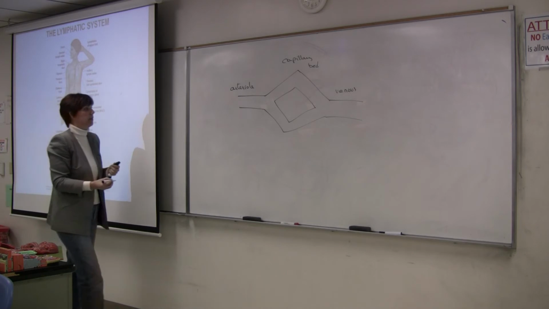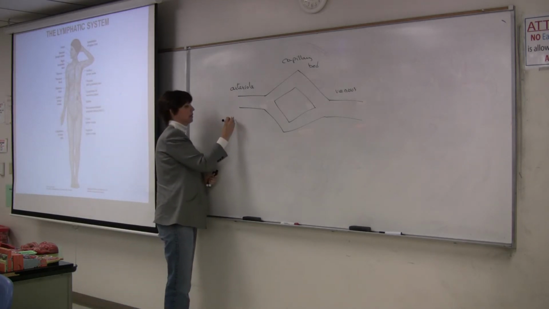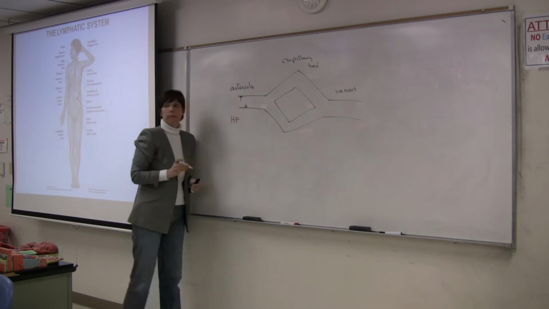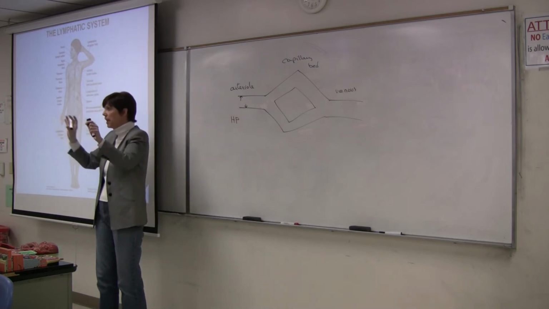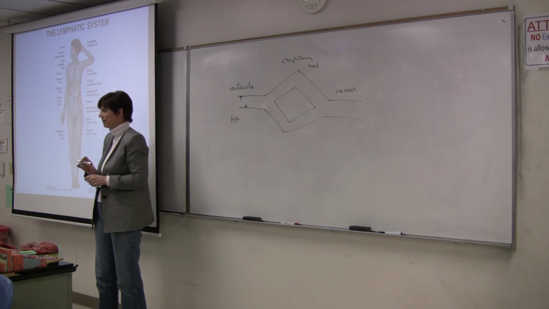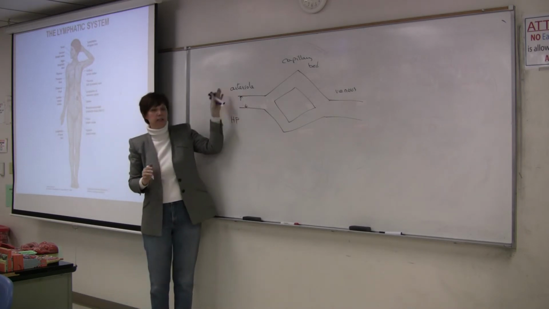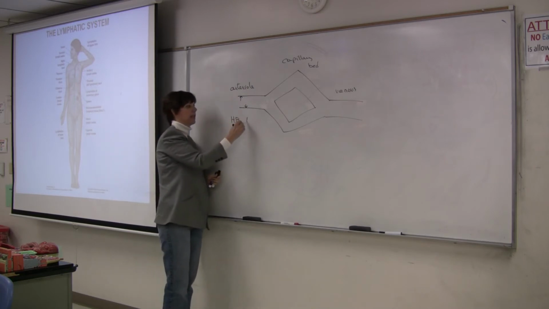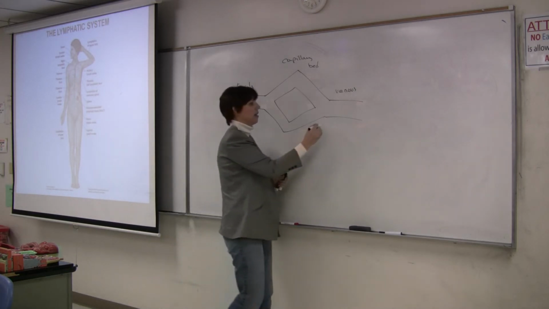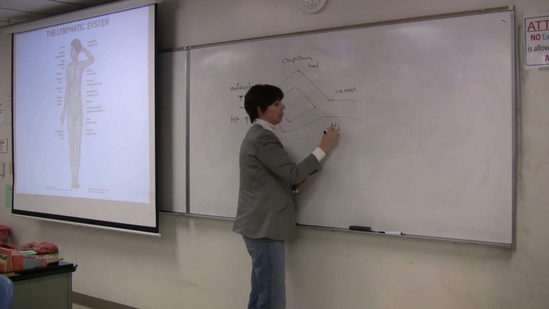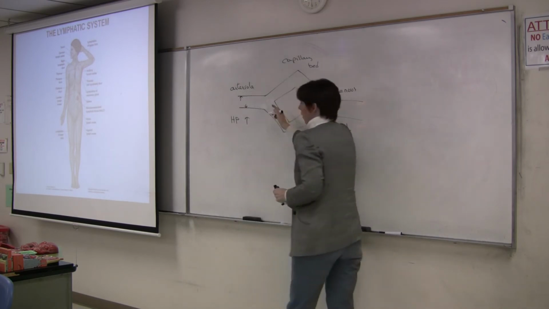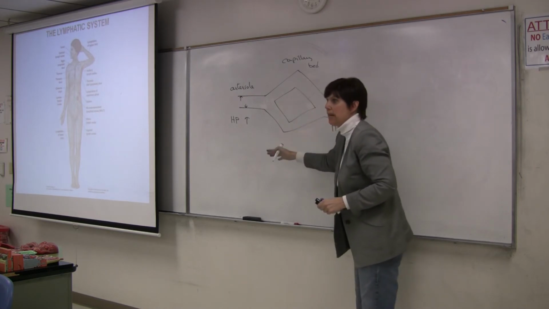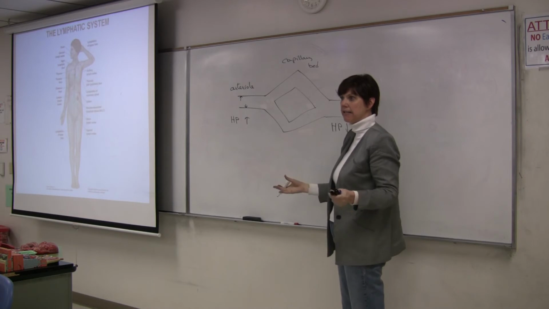So we use the term hydrostatic pressure, which is the force of the blood volume and the heart's contractile force pushing against the walls of the blood vessel. Since we're on the heart side of the capillary bed, hydrostatic pressure is higher than it is on the opposite side because two things have happened. We're farther away from the heart, plus we're leaking some of this fluid of the plasma out into the tissues.